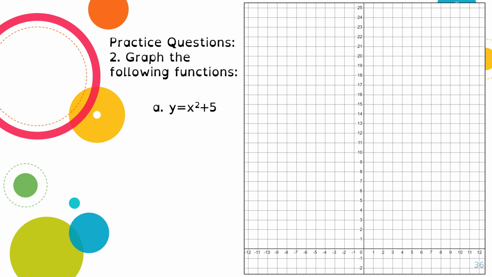All right, so practice problem 2, graph the following functions. We're going to look at y equals x squared plus 5. Well, remember, for this we think about our parent function, which you'll get used to knowing. Mine is not perfect.